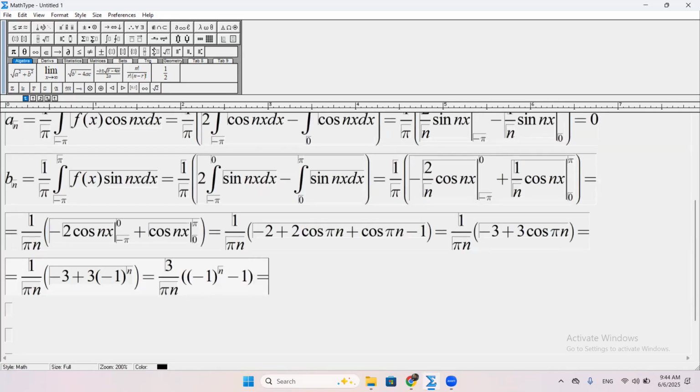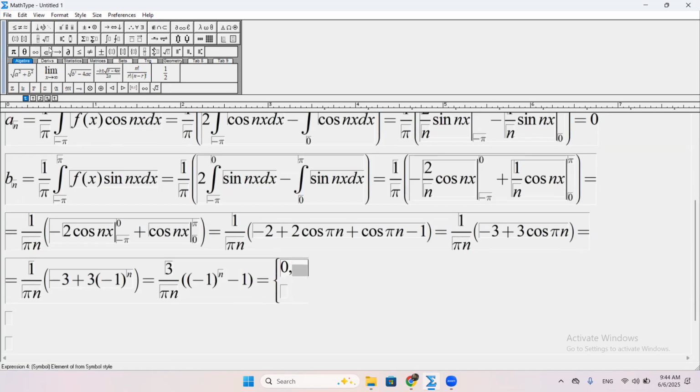And now let's simplify it a little bit. So how will we do it? This expression will be equal to 0 if n is even, so if n equals 2k.